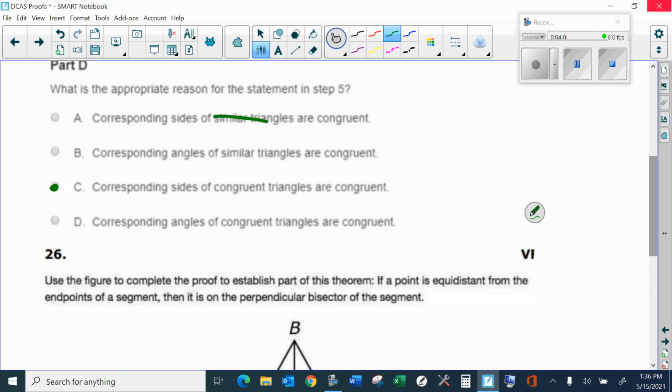These are not similar, these were congruent. So he wipes out similar. Corresponding sides of congruent triangles are congruent. Or corresponding angles. We weren't dealing with angles in that case, it was sides. Now it would have been better to use CPCTC. It is technically a better answer. I've never seen this answer put down before, ever. Corresponding sides of congruent triangles are congruent. It should be CPCTC.